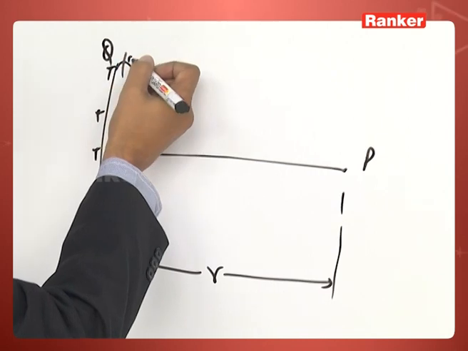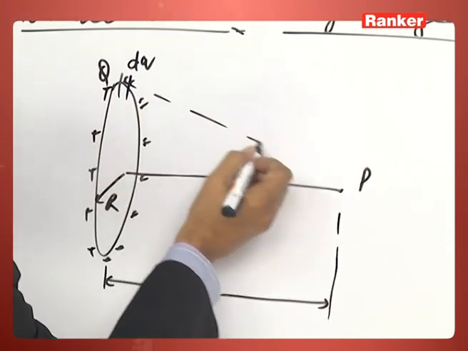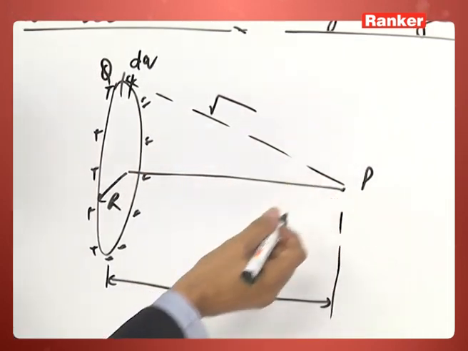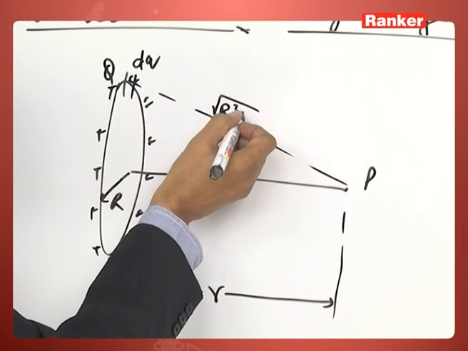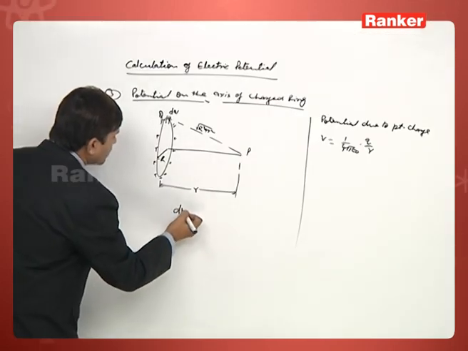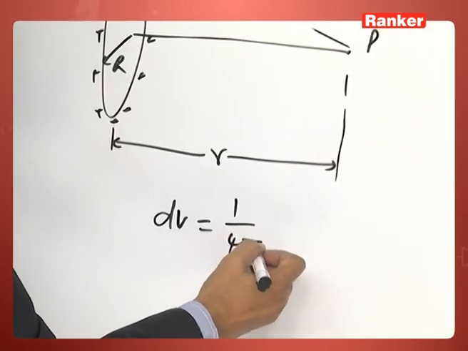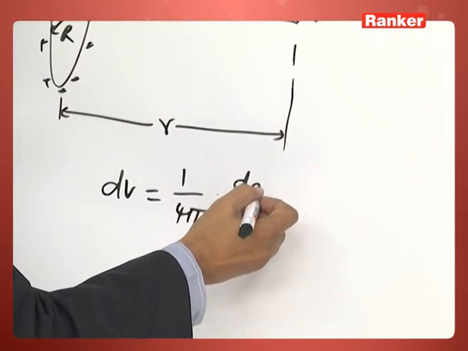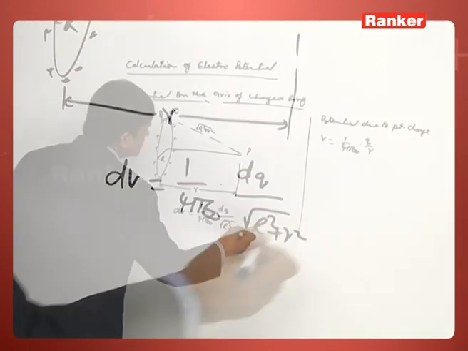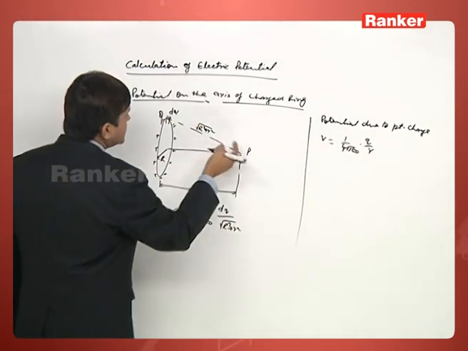So I took a small element having charge dq, and this is the distance of that element from point P, which is root over R square plus r square. So the potential due to this small element, dV, is 1 by 4 pi epsilon naught dq by root over R square plus r square. It is just like a point charge, charge by distance.